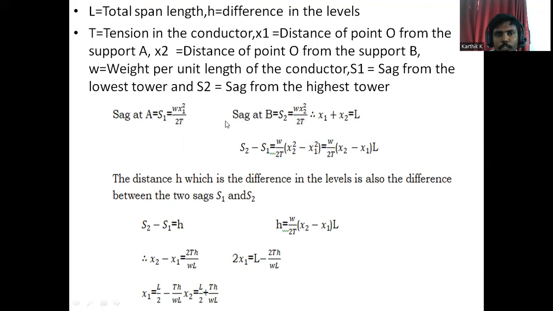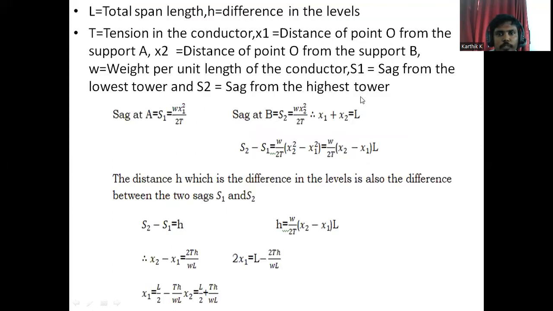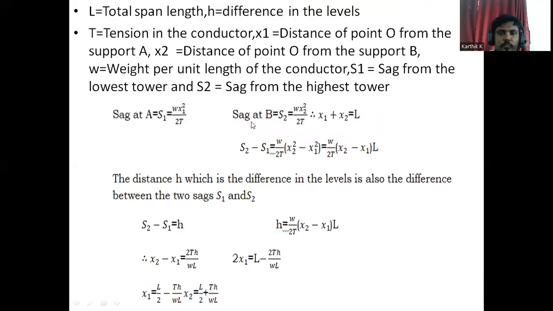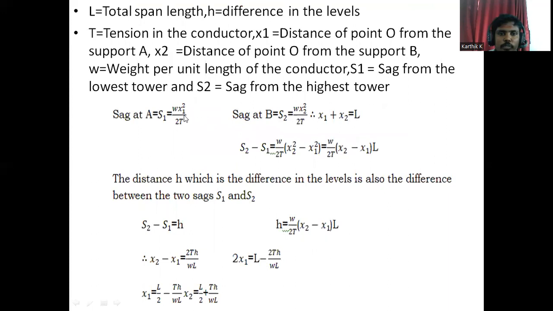L is the total span length, T is the tension of the conductor, X1 is the distance from O to A, and X2 is the distance from O to B. S is the sag for the highest tower, and S1 is for the lowest tower A. So S1 equal to W X1 squared by 2T, S2 equal to W X2 squared by 2T.